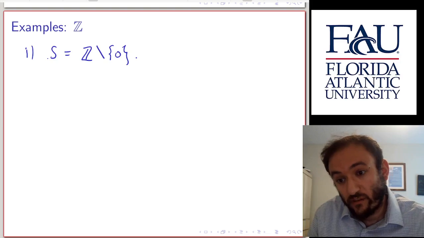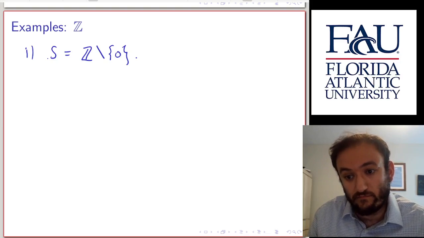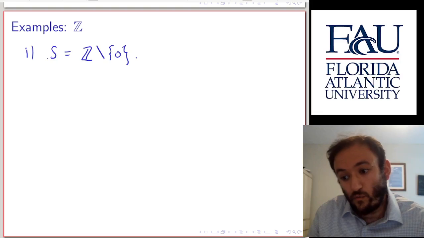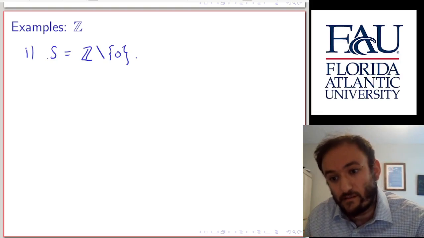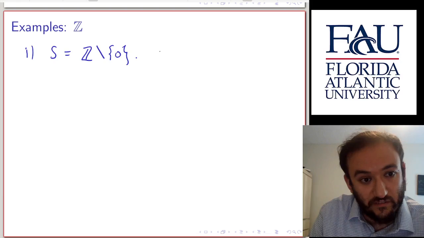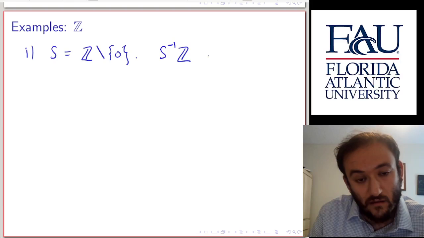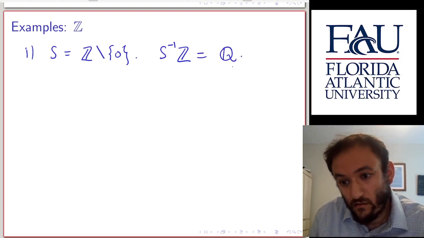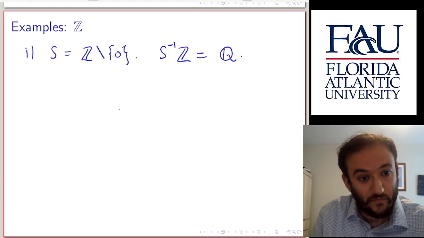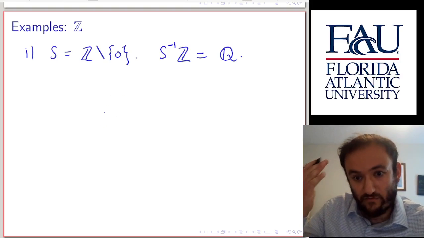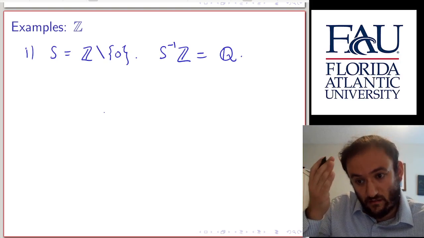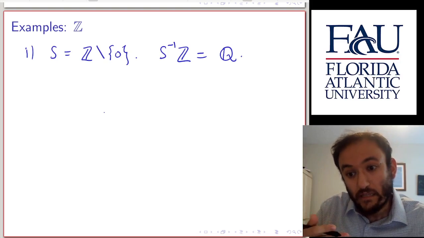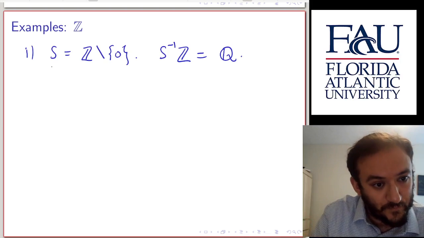And also it's multiplicatively closed because any product of integers which are each not 0 is not 0. So this is multiplicatively closed. And by localizing at s, you obtain the field of rational numbers. Okay? Right? Because you have any integer in the numerator and any non-zero integer in the denominator.